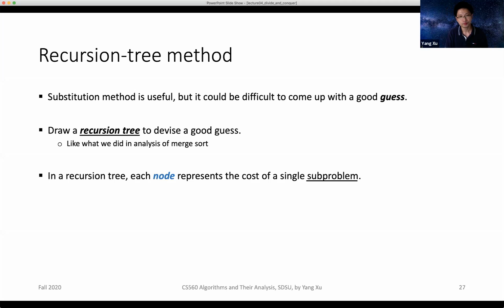The basic idea for this method is that when we draw a tree, we use a node to represent the cost for a single subproblem. We start from the highest level, which is the root node.